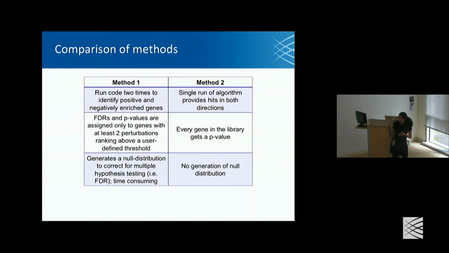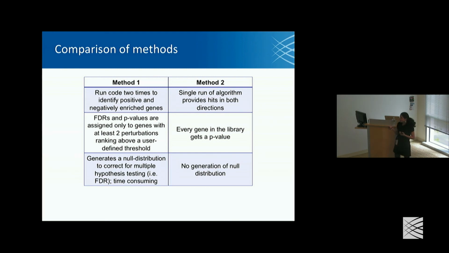Okay, comparing these two methods further and looking at some of the differences. In method 1, you have to run the code 2 times to identify positively enriched genes versus negatively enriched genes, so one time sorting in the positive direction and the other time sorting in the negative direction. But with the second method, you can get hits in both directions with just a single run of this algorithm.